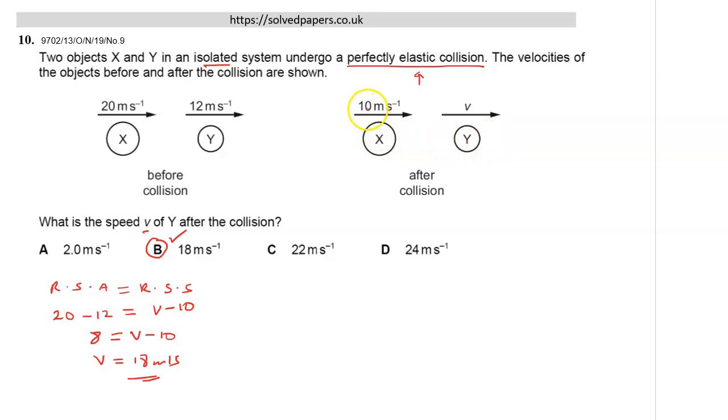So if this is 10 and this is 18, then the relative speed of separation here will be 18 minus 10, which is 8. The relative speed of approach here, which is 20 minus 12, is 8. So the relative speed of approach is equal to the relative speed of separation, 8. The answer right there.